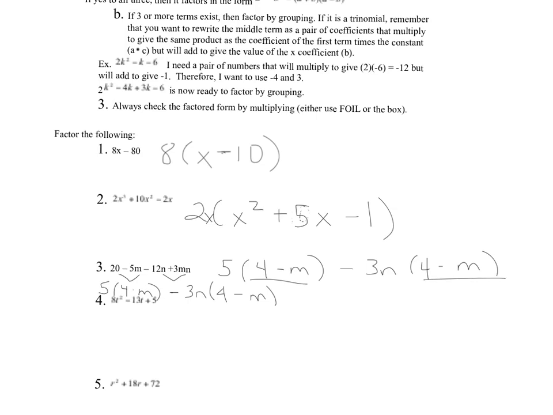That becomes my new common factor. So 4 minus m is the GCF, and then in parentheses, I put the common factors that I pulled out in the line above. And that would be 5 minus 3n. This is the factored form of 20 minus 5m minus 12n plus 3mn. That's called factoring by grouping.